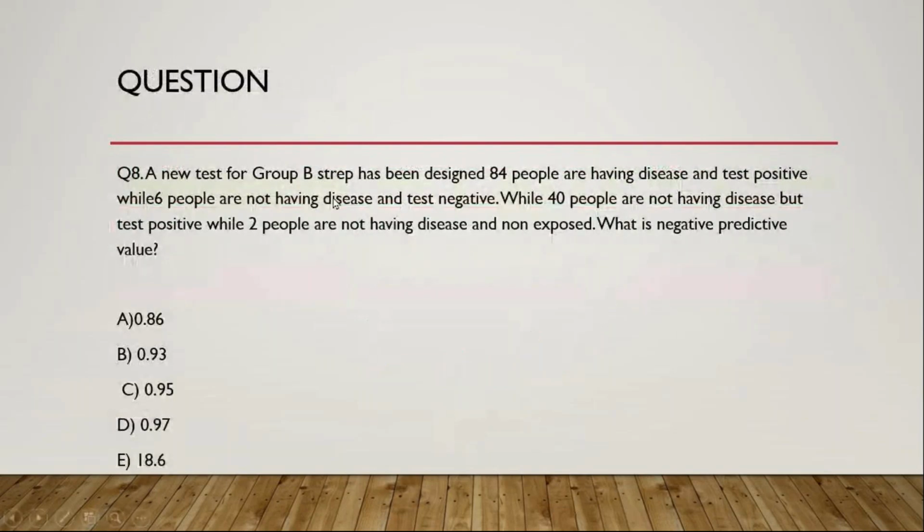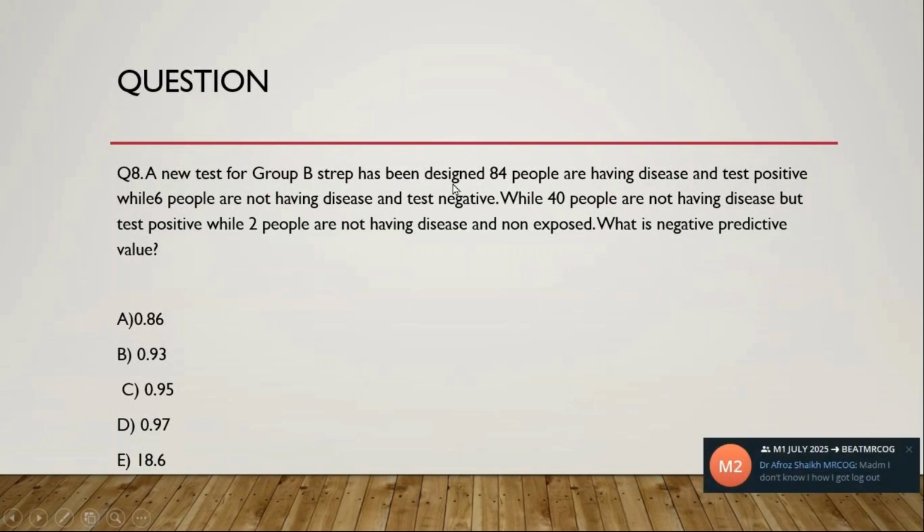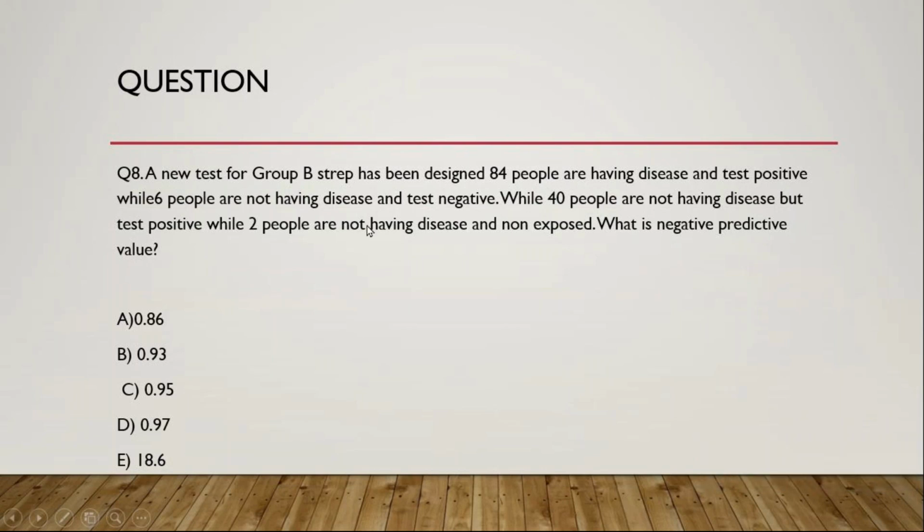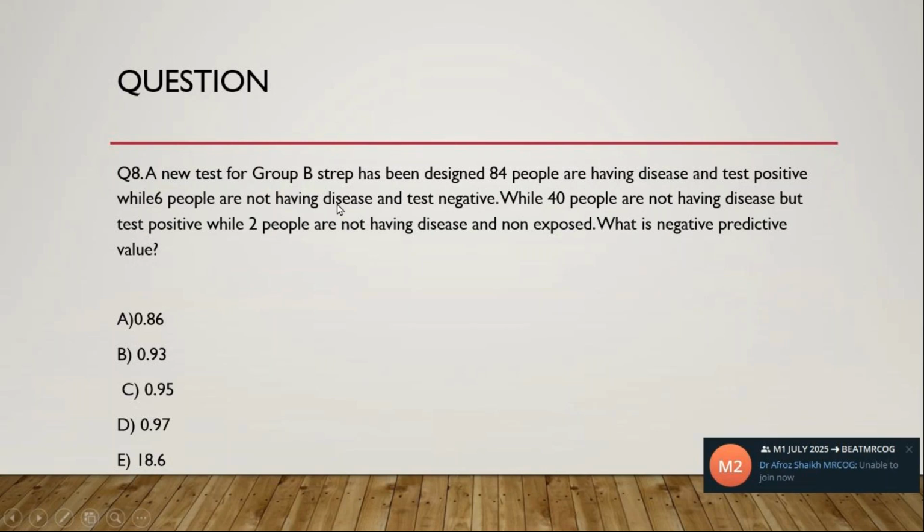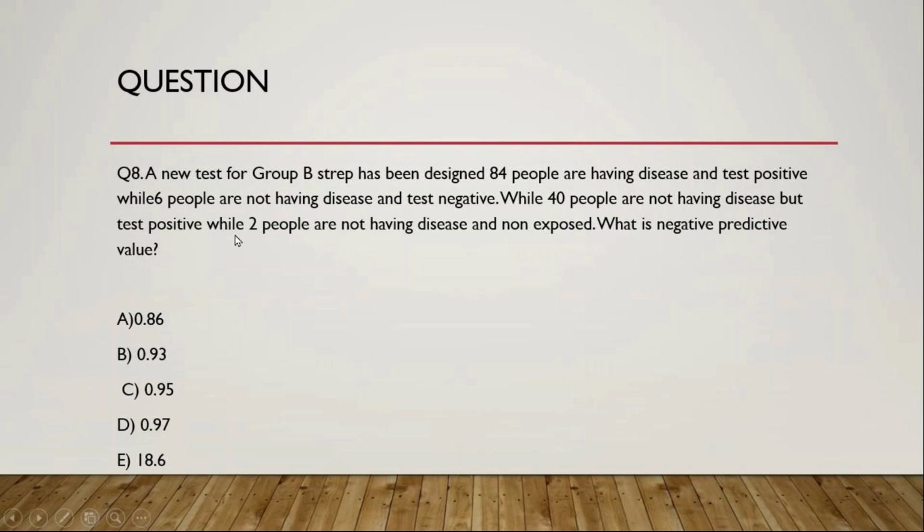Now the question. I will read the question and you solve the answer. And please reply even if it is not correct, then we will solve it. A new test for group B streptococcus has been designed. 84 people are having the disease and test positive, while 6 people are not having disease and test negative, while 40 people are not having disease but test positive, while 2 people are not having disease and non-exposed.